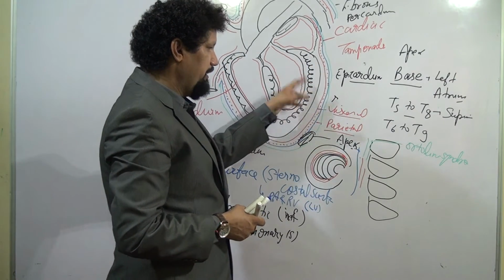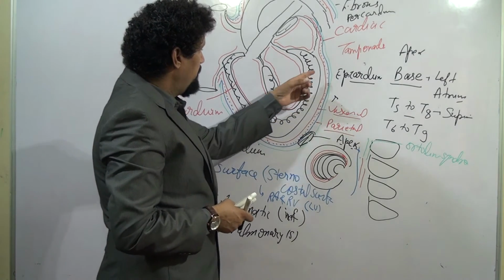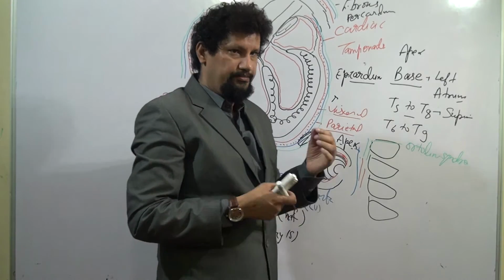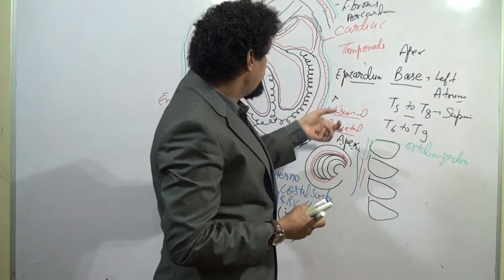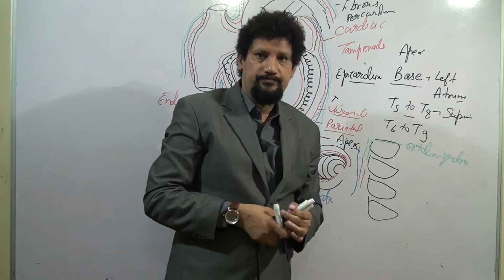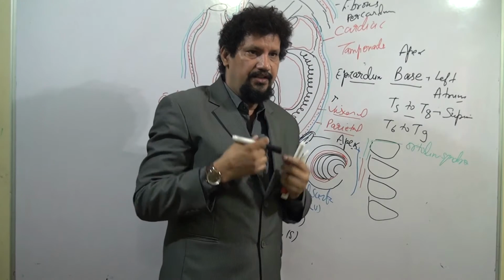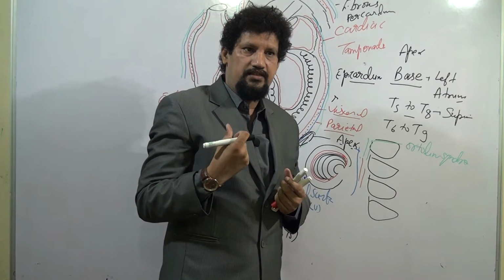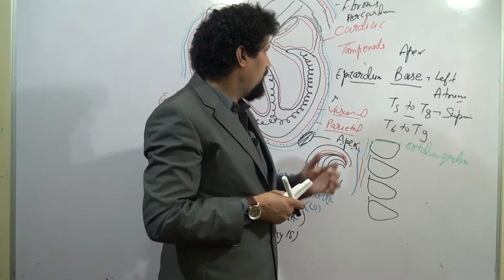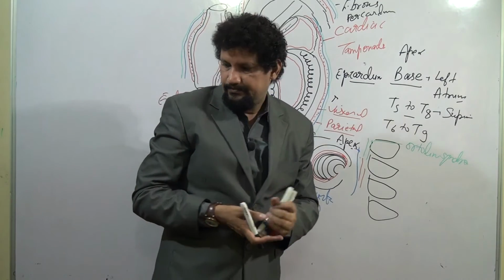It is lying in the pulmonary impression of the left lung. A small part of the left surface is also formed by the left auricle. The two atria have ear-shaped muscular structures or appendages, known as the right and left auricles.